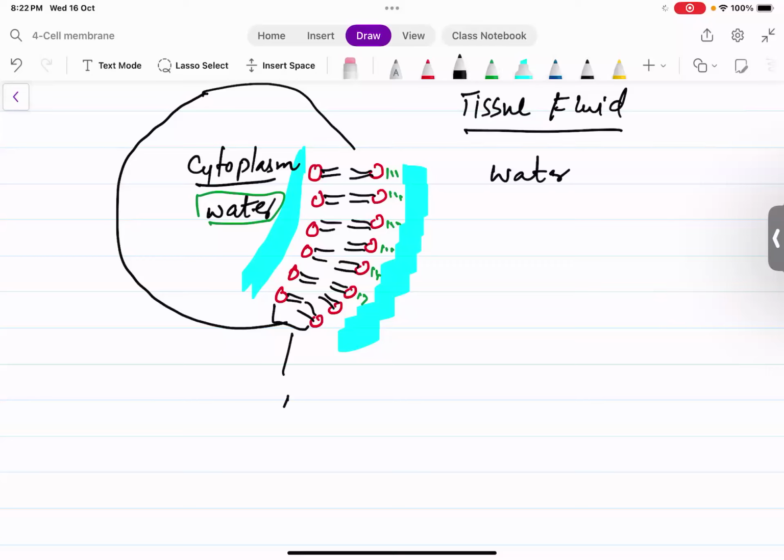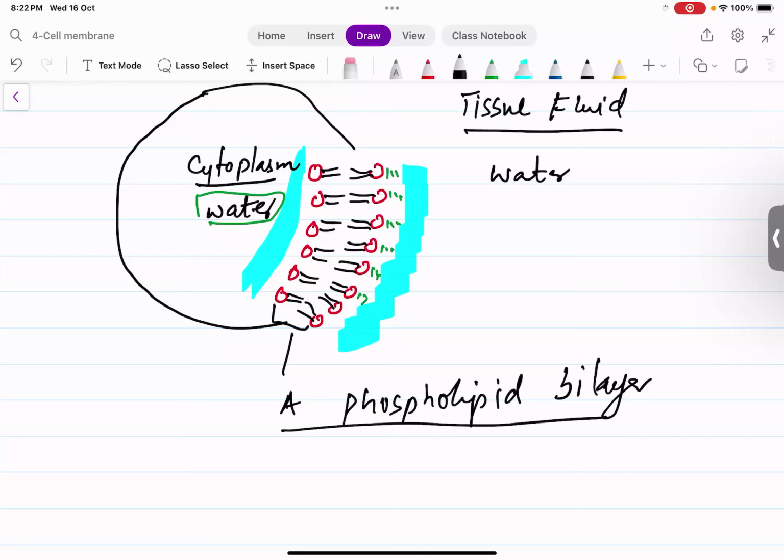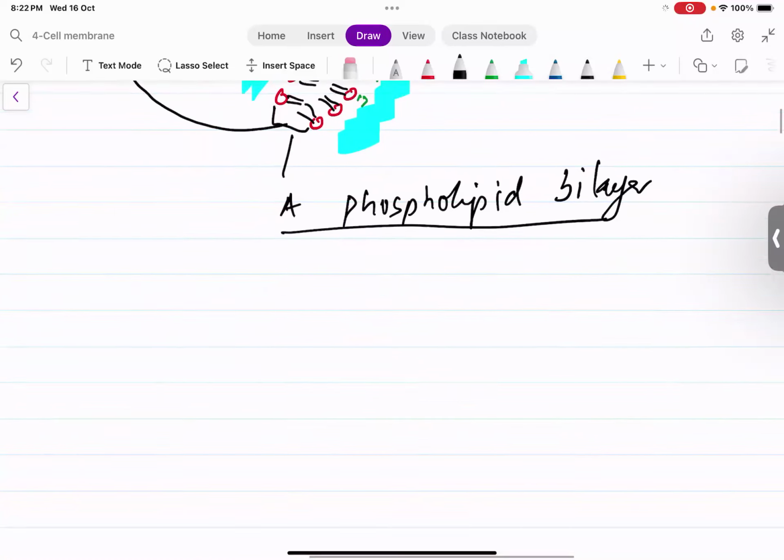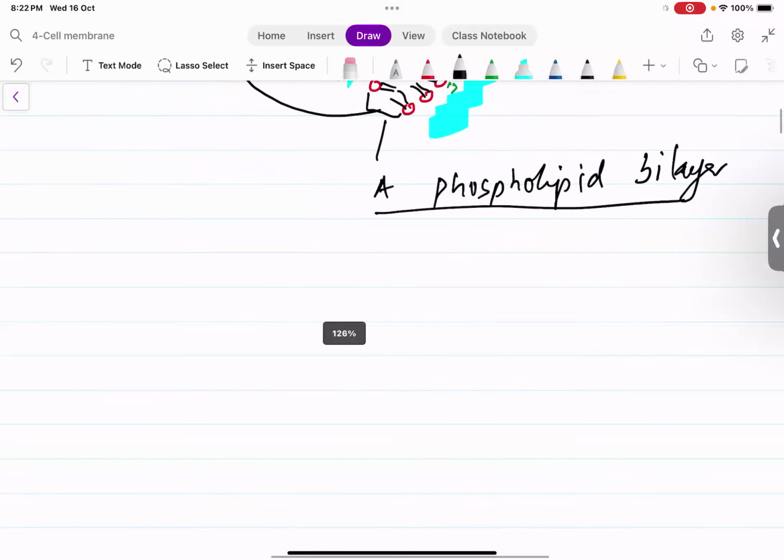This is a phospholipid bilayer. So in a cell surface membrane, phospholipids are arranged in a bilayer.